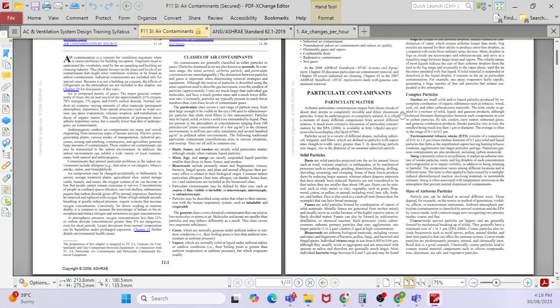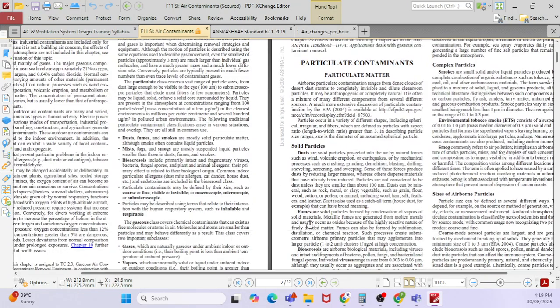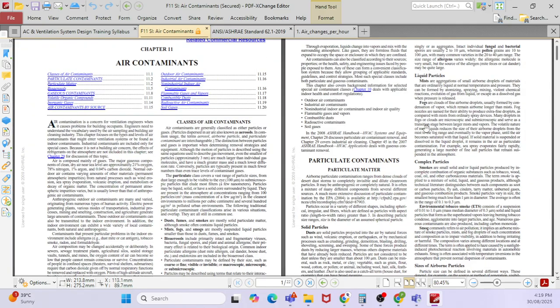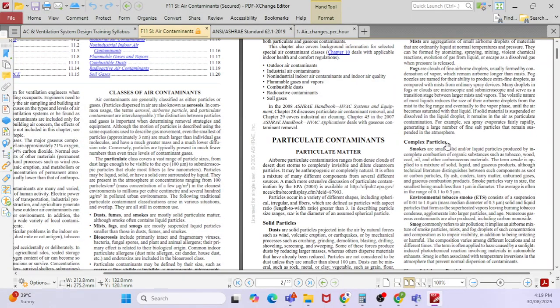Also, you can read this particular article. There are solid particles like dust, fumes, bioaerosols, bacteria, and liquid particles like mist and fogs. Then you have complex particles like smoke, environmental tobacco smoke.